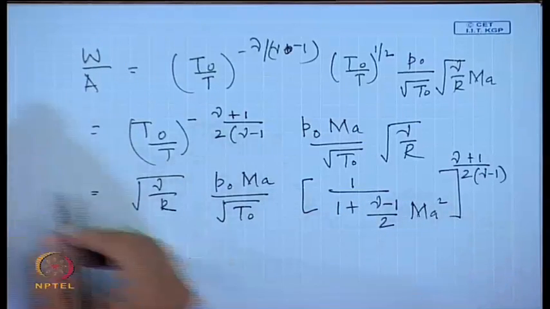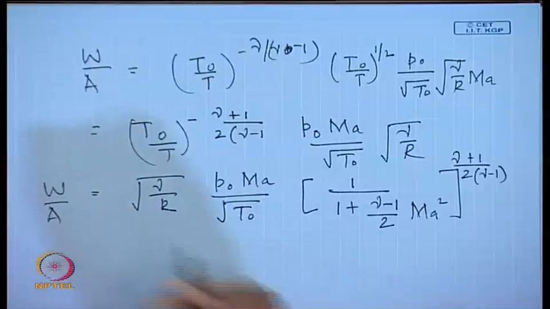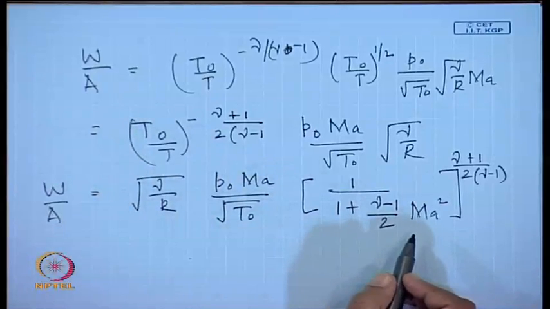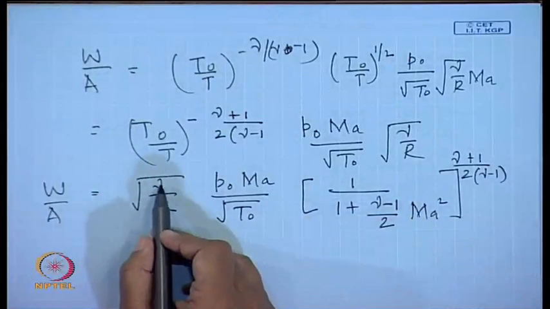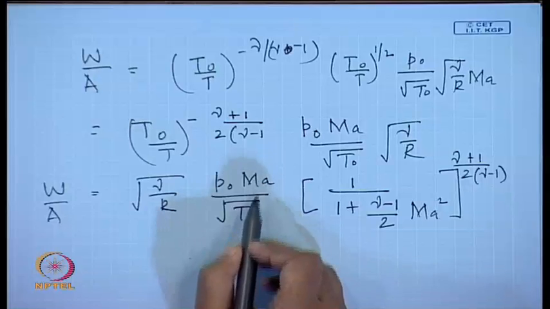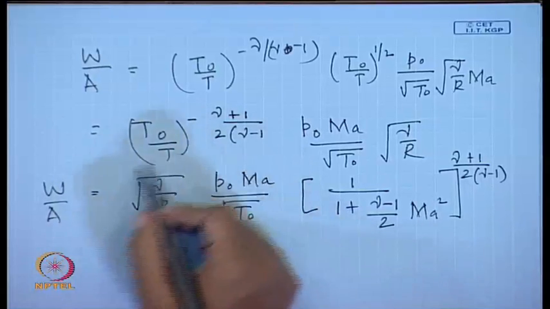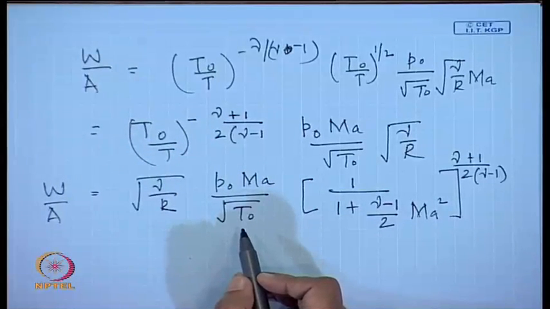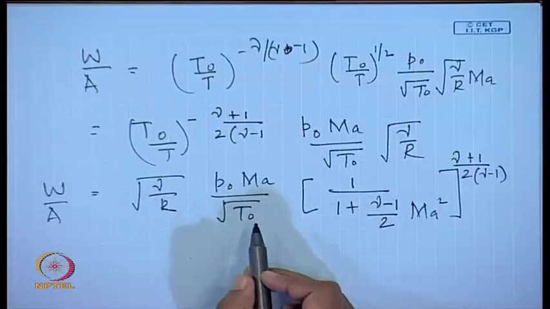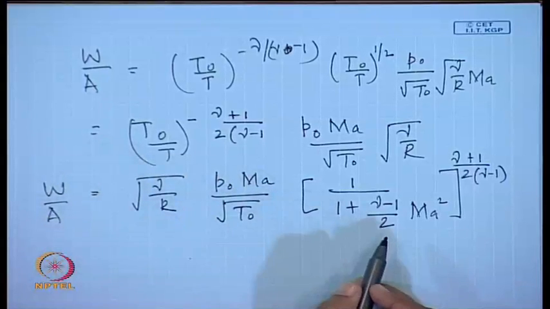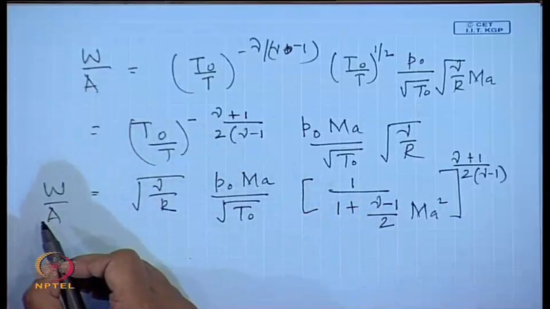Now, in this particular case W by A equals to. So, in this particular case what do I find? I find gamma R P0 Ma T0, all these parameters they are constants. Okay. What is the only variable in this particular equation which can vary my mass flow rate or mass flux?